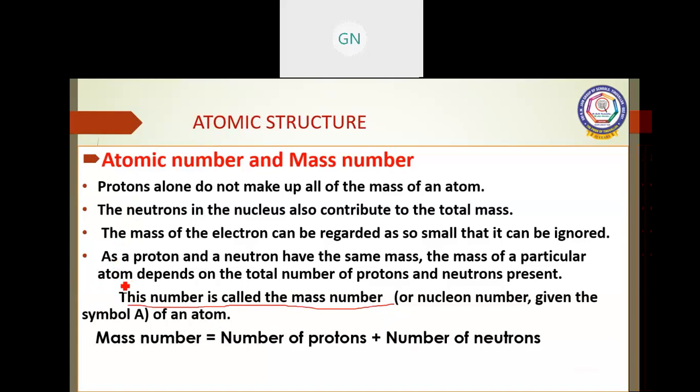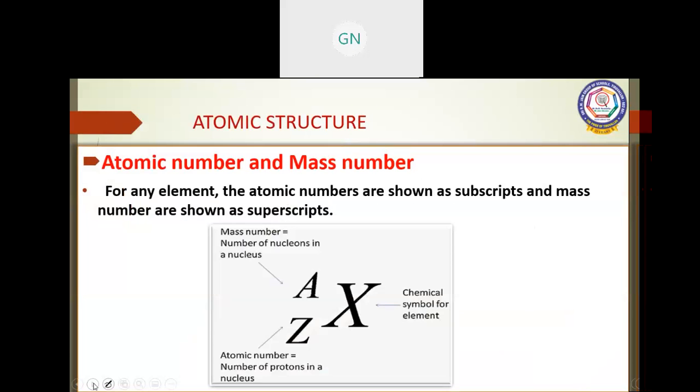This number is the mass number. So the total number of protons and neutrons present is known as the mass number or nucleon number, given the symbol A. So the mass number is equal to the number of protons plus the number of neutrons.